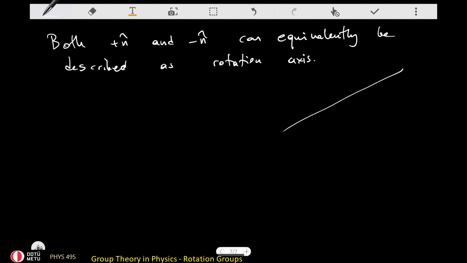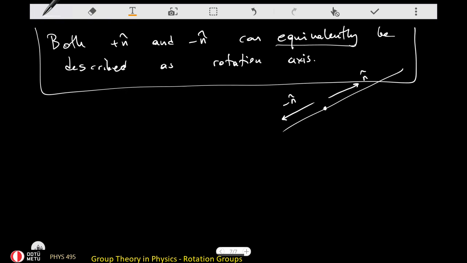You can think of it like that, but we would like to give a direction here. This tells you that there are two equivalent choices for that direction. I can choose it along one way or the other, but in terms of the mathematical description, both are equivalent. Let's keep this in mind, because it's going to come out later. This is an important part.